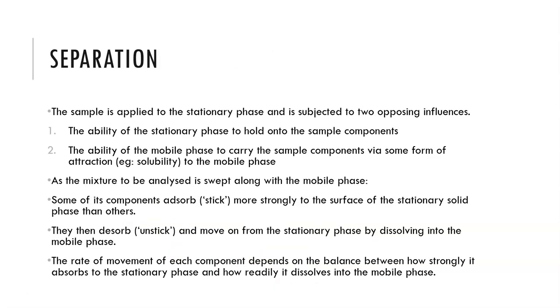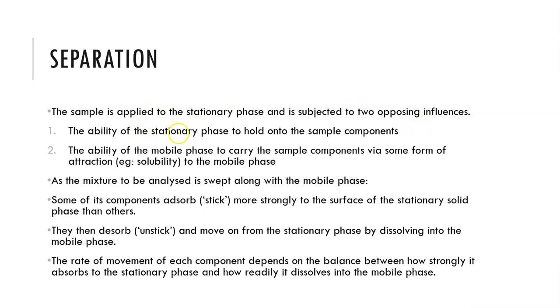This idea is based on what we refer to as adsorption and desorption events throughout the chromatography process. The sample will be applied to the stationary phase, and it is exposed to two opposing influences.